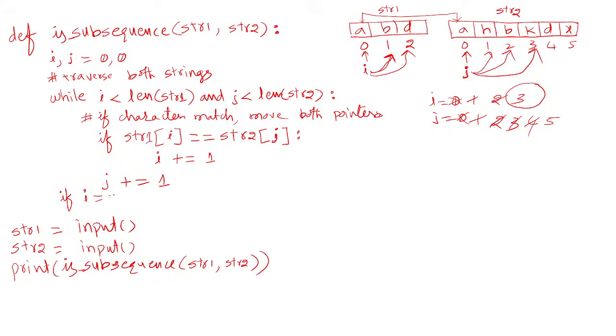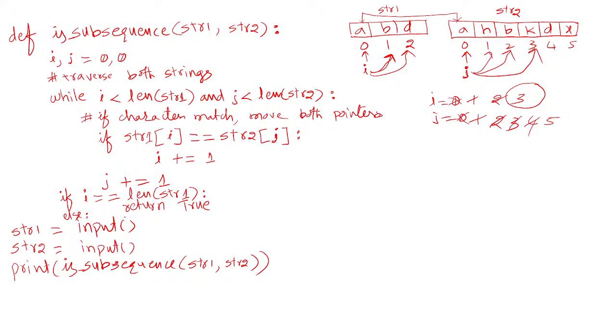If i is equal to the length of string 1, that means you have reached the end of string 1. You processed all the characters of string 1 successfully, so directly you return true. Else, you return false.